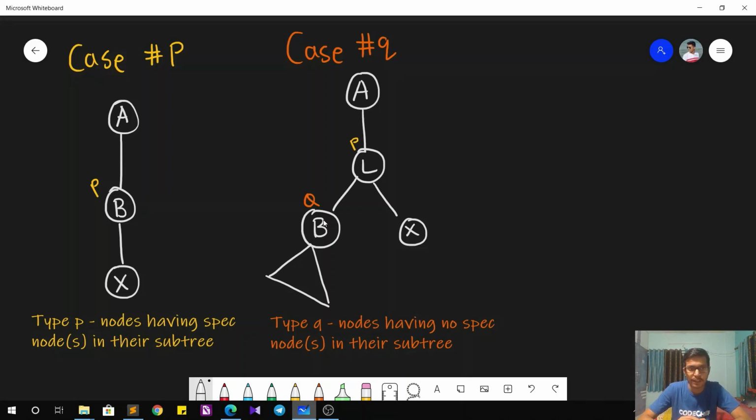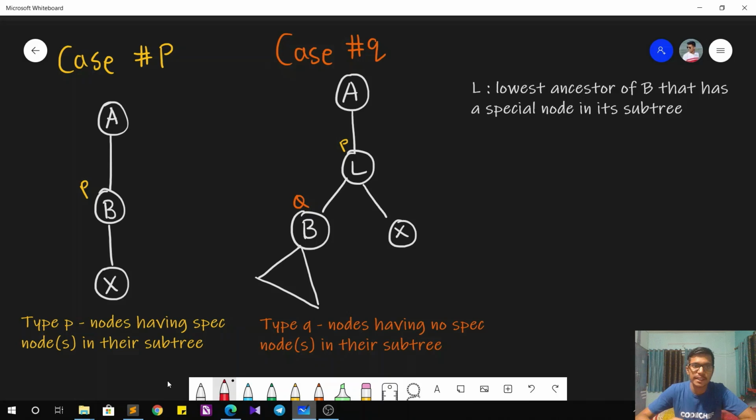So these are the two cases, and if we solve the question for both of these cases, then we have solved it completely. The answer for the first case, that is nodes of type P, is pretty simple because in that case the node itself is L. That is, this node is itself the lowest ancestor of B such that it has a special node in its subtree. You can see that X is a node in the subtree of B. Therefore, B is its own lowest ancestor such that it has a special node in its subtree.